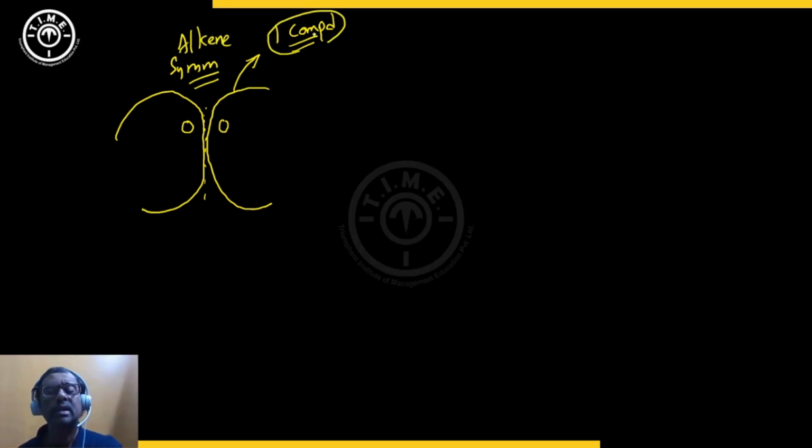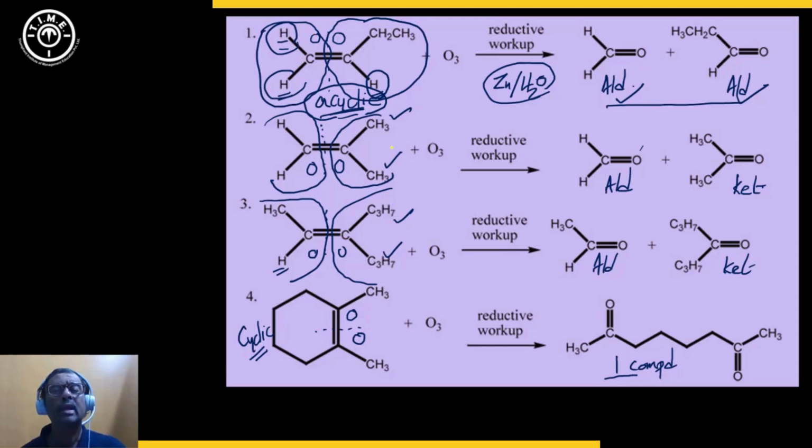In the previous examples, we had taken alkenes which are not identical, which are not symmetrical. So, they are all different here, is it not? Whether it is compound 1 or 2 or 3, right? They are unsymmetrical alkenes. Means the alkene cannot be broken into 2 identical parts.